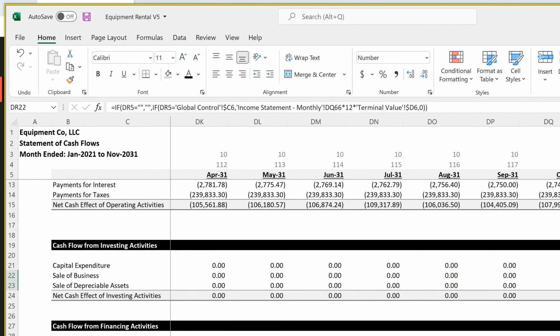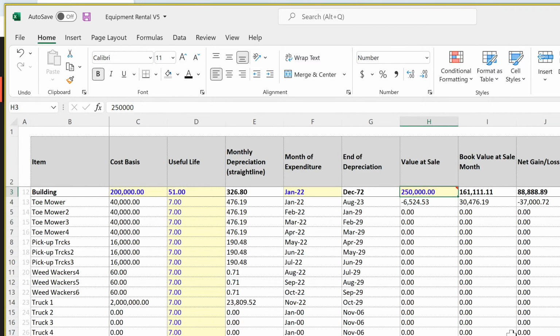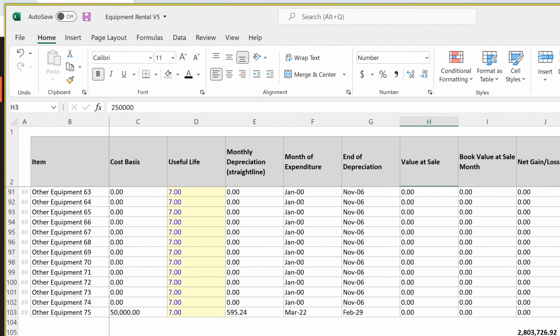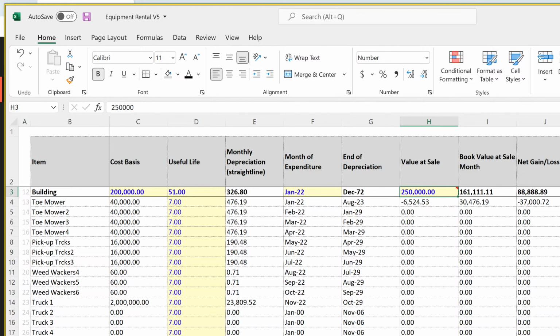What's this? 10,303,000. How's that 10,303,000 if the total exit value is only 9,574? So that's something odd.